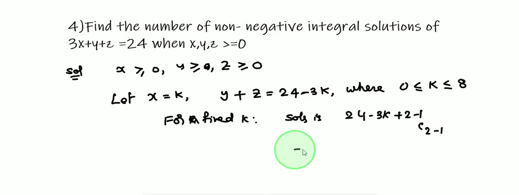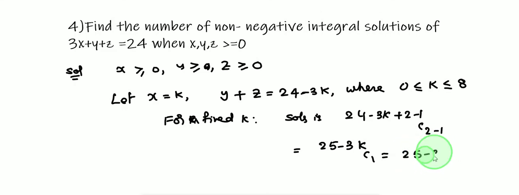So that is 25 minus 3k C1. As we know nC1 is n, this is 25 minus 3k. So what are the values of k? k takes values from 0 to 8.